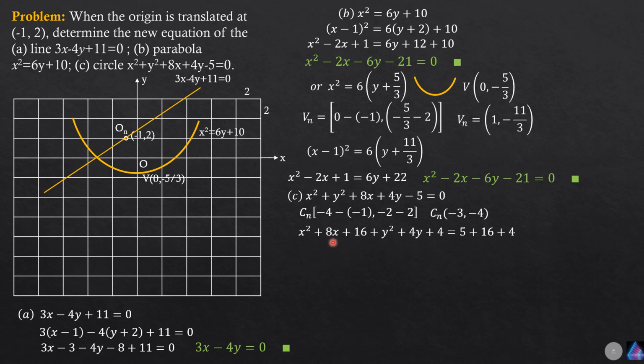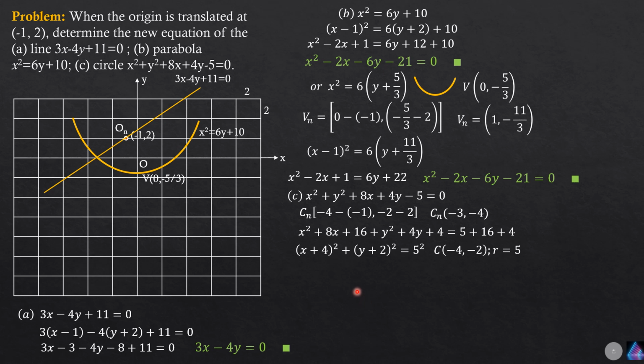So this is (x + 4)² + (y + 2)² = 25 or 5². So that means the center of the circle originally is at (-4, -2) as mentioned here, and the radius is 5.